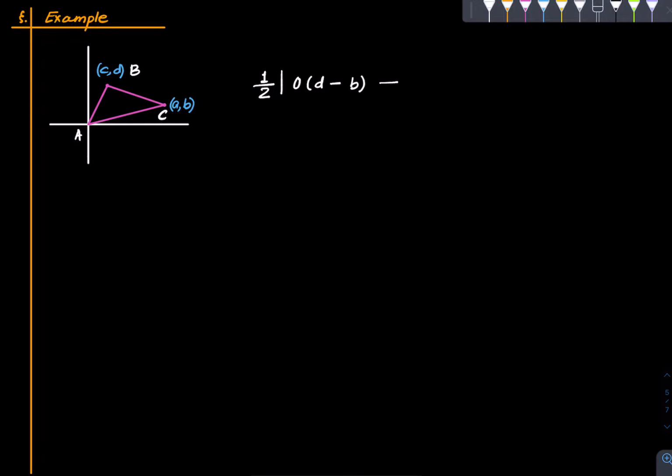Well, there was a 0 here, so I didn't need to bother, but anyway. And then we have x2 times y3 minus y1 plus x3 times y1 minus y2. Hopefully I did not make a mistake.